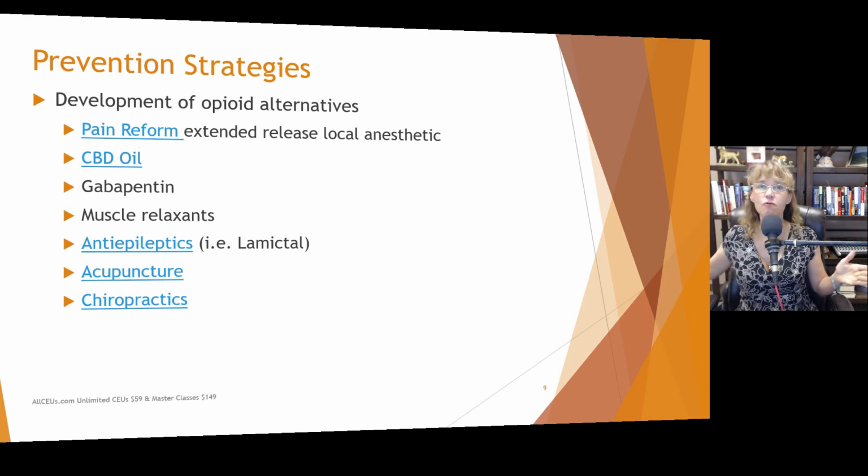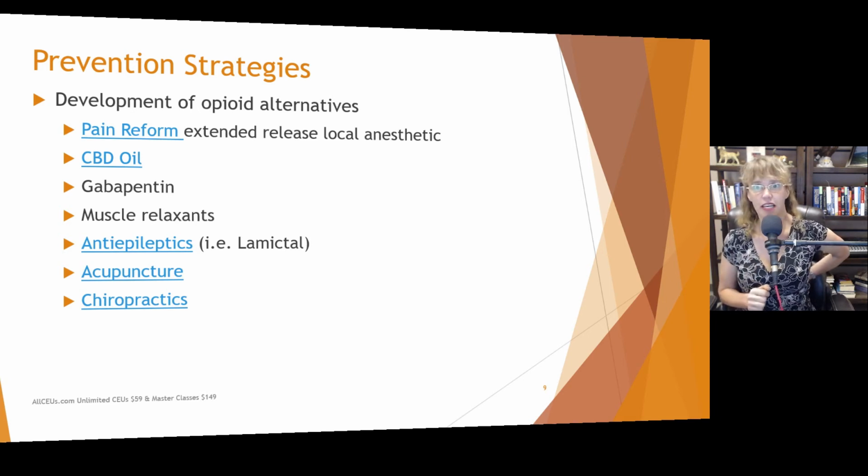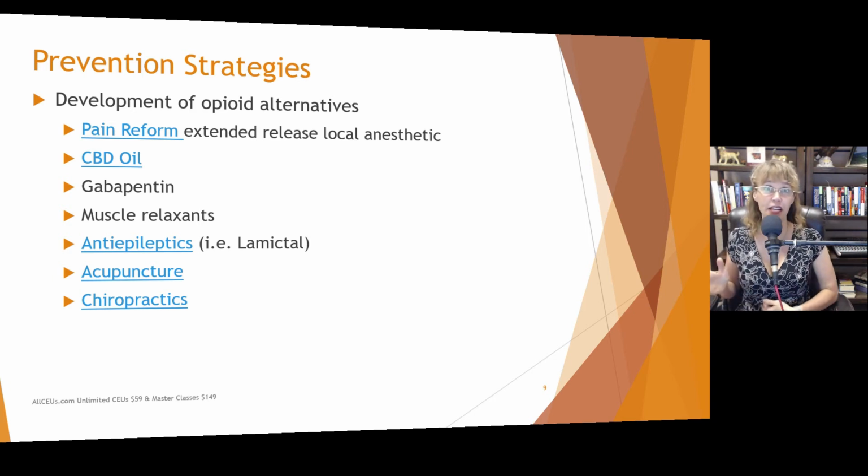So this extended release local anesthetic keeps that area numb for the full 72 hours, hopefully eliminating the need for people to have take-home doses of opioids. Hopefully after that period, they're able to address it with over-the-counter type medications. So I'm so excited, and I can't wait for that to actually hit the market. But I digress. They've been testing it on people who've had hernia operations most recently.